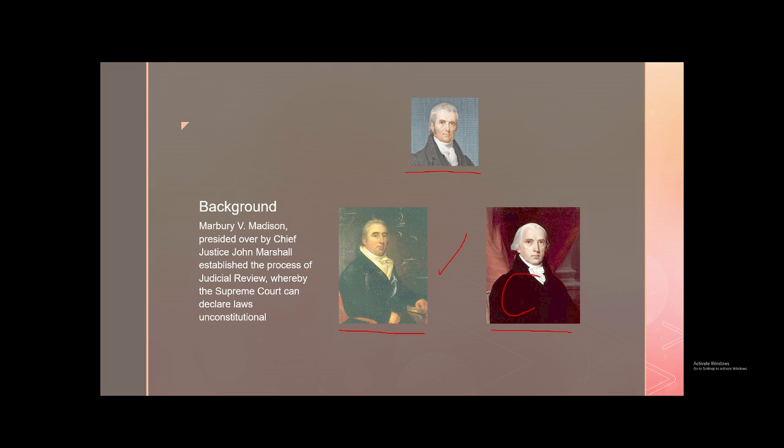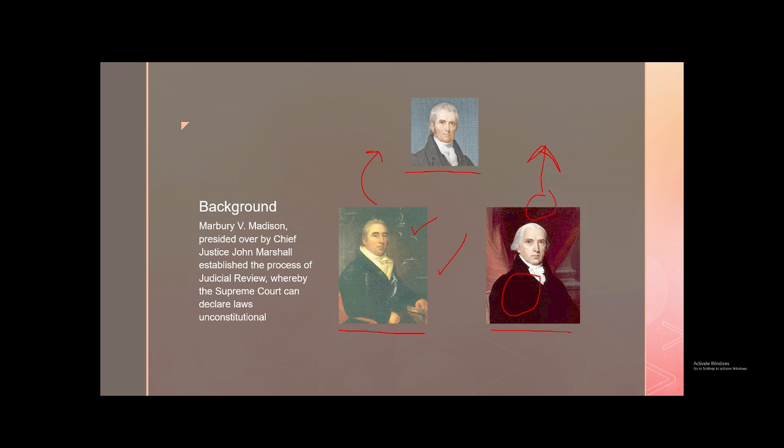However, they were different politically, and Madison simply refused to deliver the papers. Marbury then went to the Supreme Court and said, hey, under a section of the Judiciary Act of 1789, you can issue a writ to force Madison to deliver those papers and make me a judge.